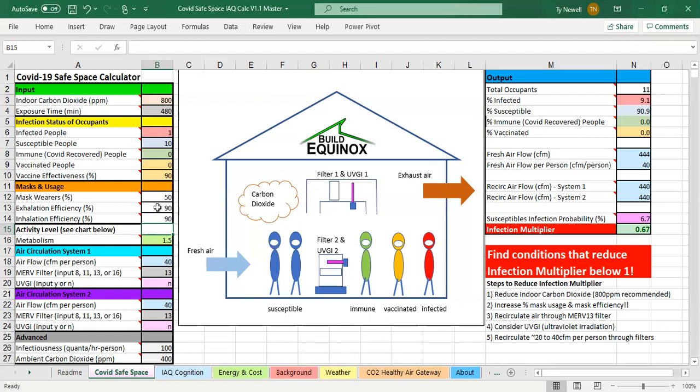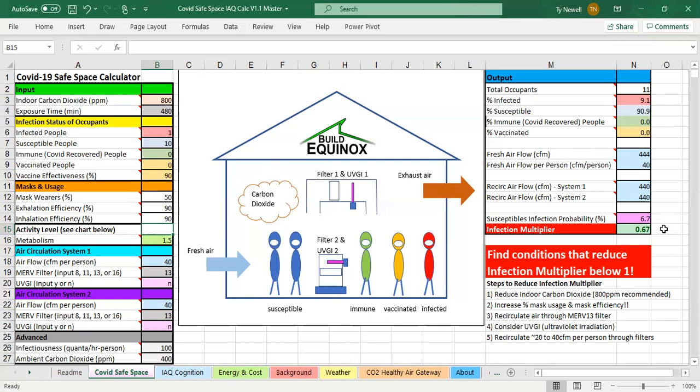And so with a 90% efficient mask, with 50% usage, you can see that we've gotten to the level where our infection probability is below 10%. So if you're susceptible, you're much less likely, a tenth as likely as you were under standard conditions without mask protection, to get infected. And more importantly, we've hit herd immunity.